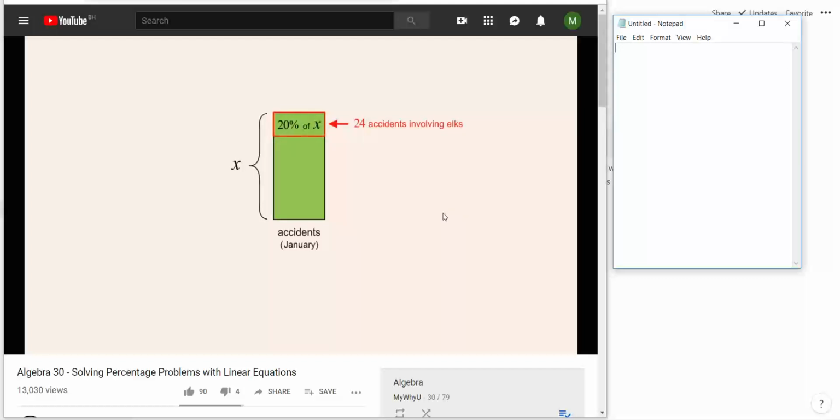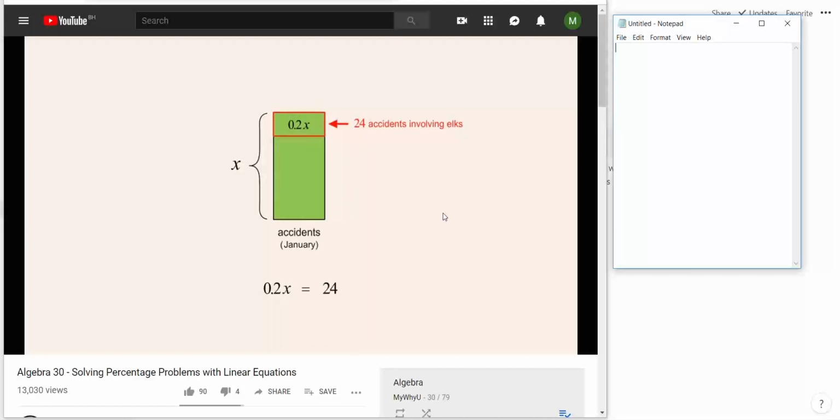And since the decimal equivalent of 20% is 0.2, we can write this quantity as 0.2x. Since 0.2x is the number of accidents involving elks, we can now create the equation 0.2x is equal to 24.